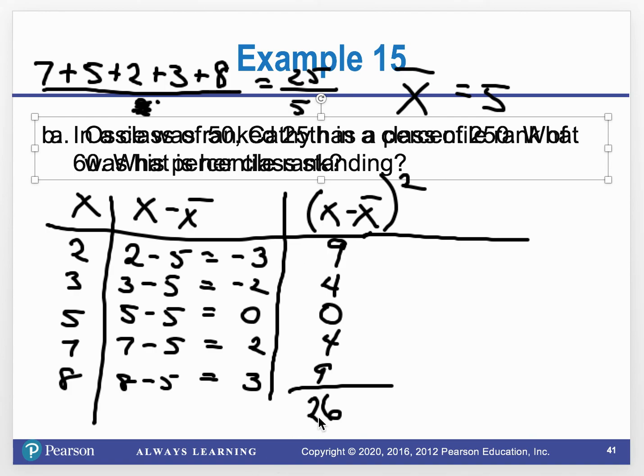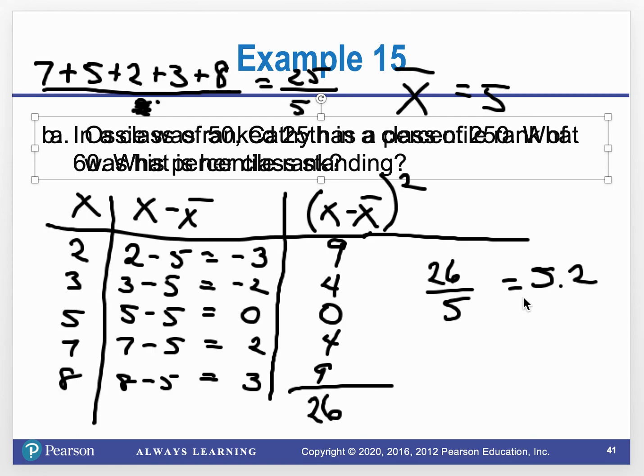Okay? And I'm going to find that average. This is how far every point is away from the mean. So 26 divided by 5 is 5.2. That's my variance, right?